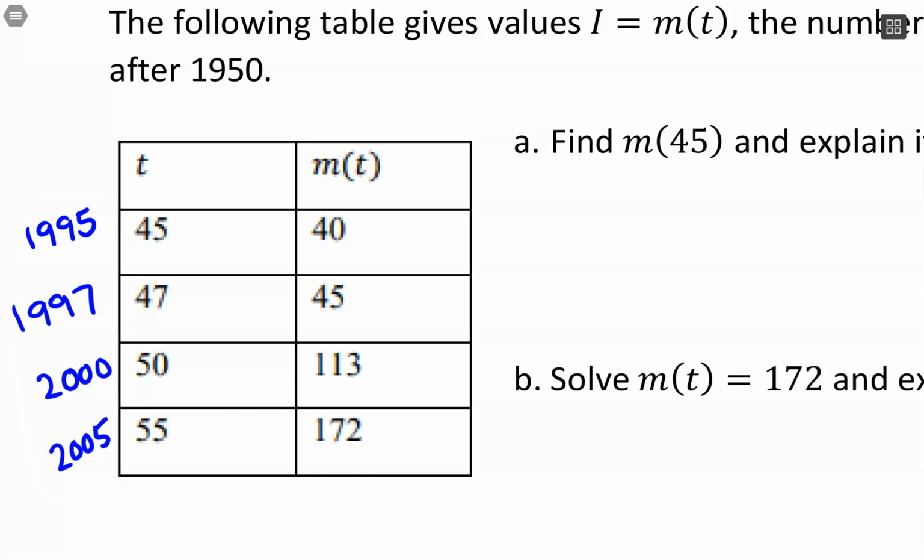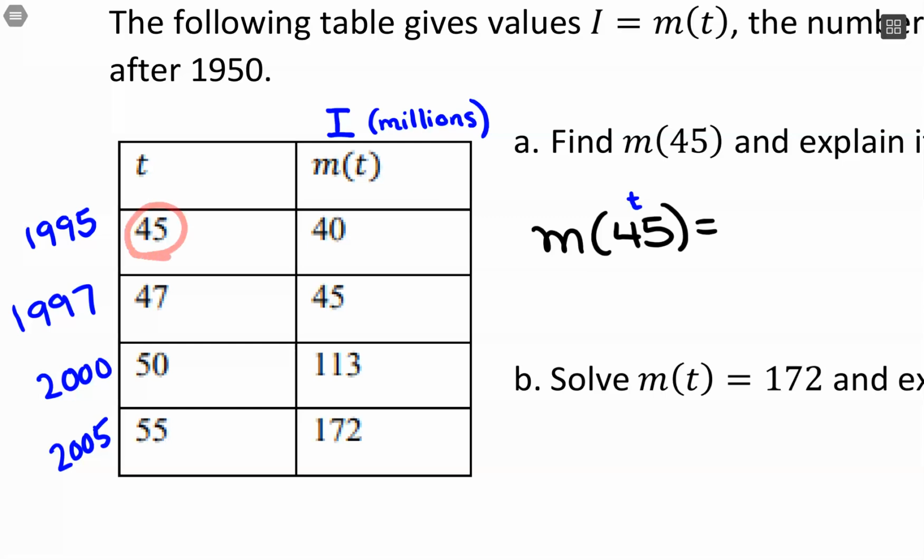And then these m of t values, these are what I represents, which is the number of Americans with internet access. We'll just want to keep in mind that the units are in terms of millions there. So if I want to find m of 45, 45 is my value for t. So what I would do is go to where t is 45. My function output is 40. So 40 would be the number of Americans with internet access in millions.